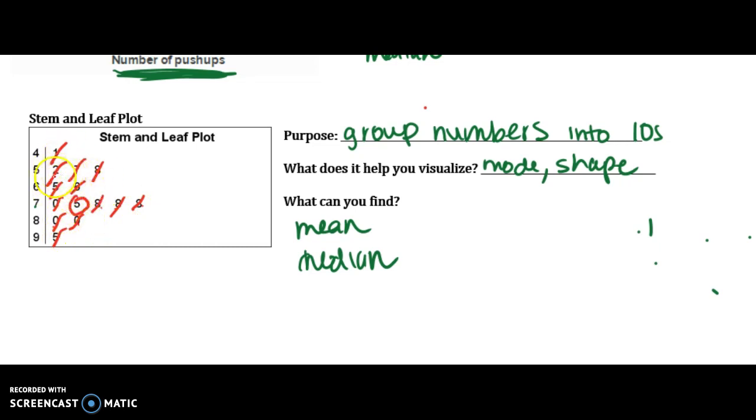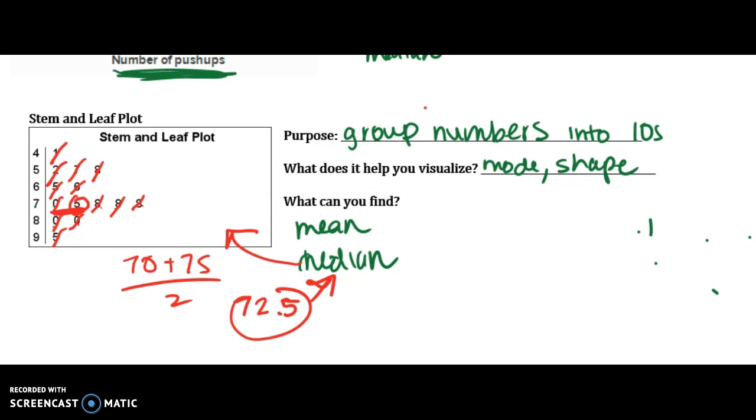Oh, never mind. No, I didn't. Yeah, I did. So the median would have to be somewhere in between 70 and 75. So 70 plus 75 divided by 2, or the middle of 70 and 75 would be 72 and a half.